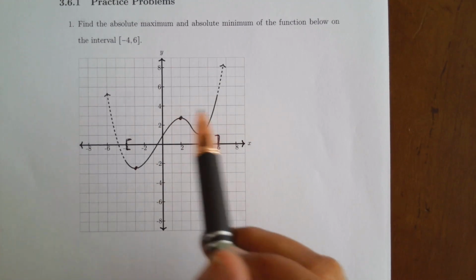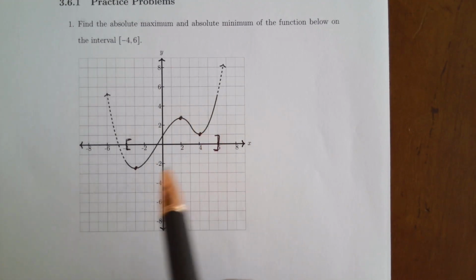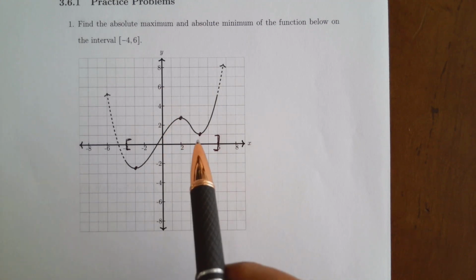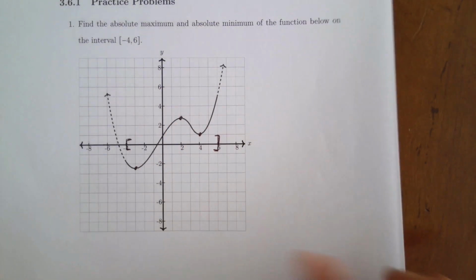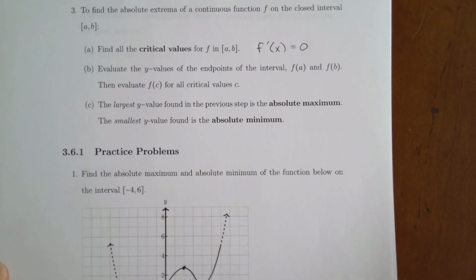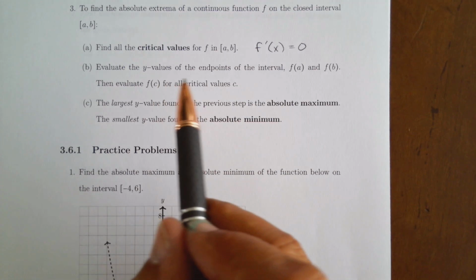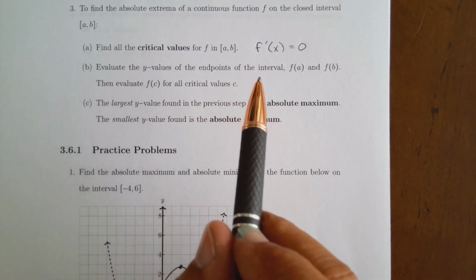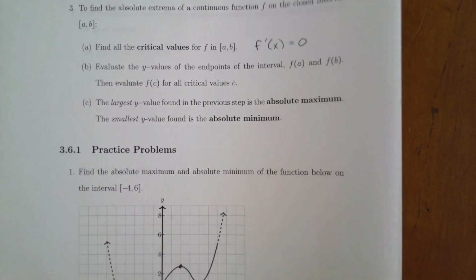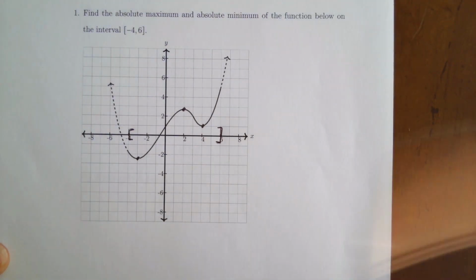The horizontal tangent lines. So I have to look at those y values and the endpoints. Okay, so we found the critical values, and now we're going to evaluate the y values of the endpoints and of those critical values. All right, so let's just look at the ordered pairs.